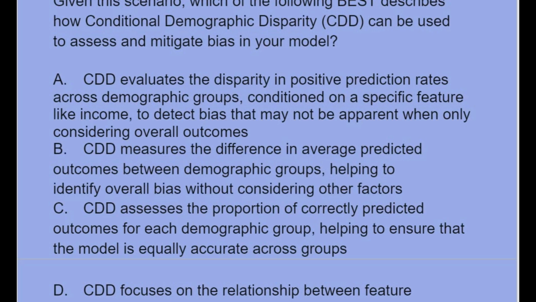Option B, CDD measures the difference in average predicted outcomes between demographic groups, helping to identify overall bias without considering other factors. Option C, CDD assesses the proportion of the correctly predicted outcomes for each demographic group, helping to ensure that the model is equally accurate across groups.